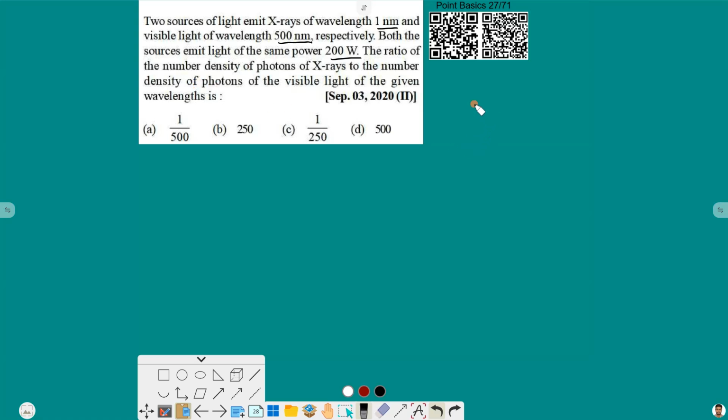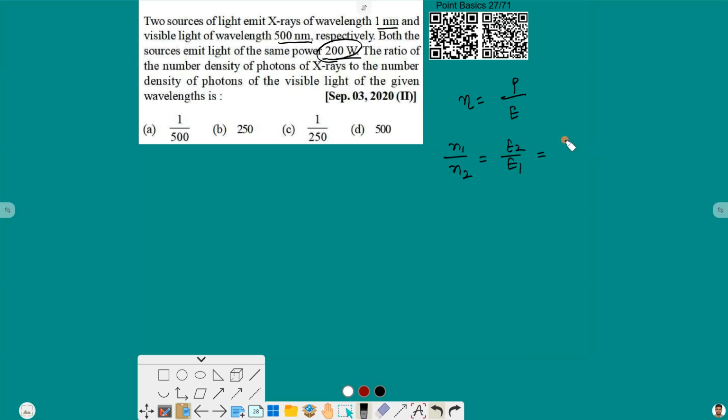Now we know that number of photons emitted, basically number of photons per second, is power divided by the energy. Both have the same power. So N1 by N2 will be basically equal to E2 by E1.